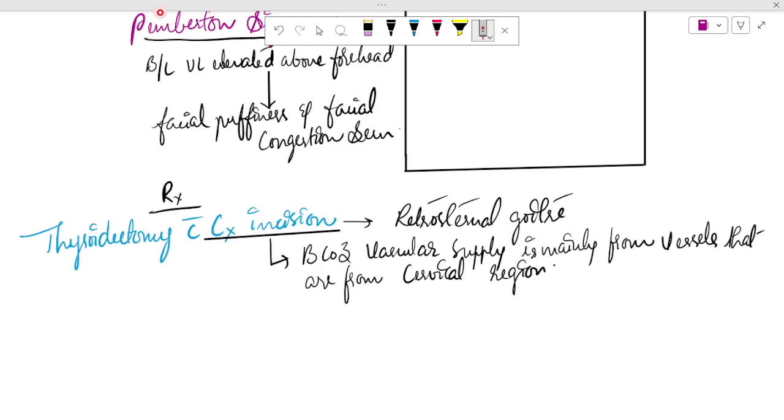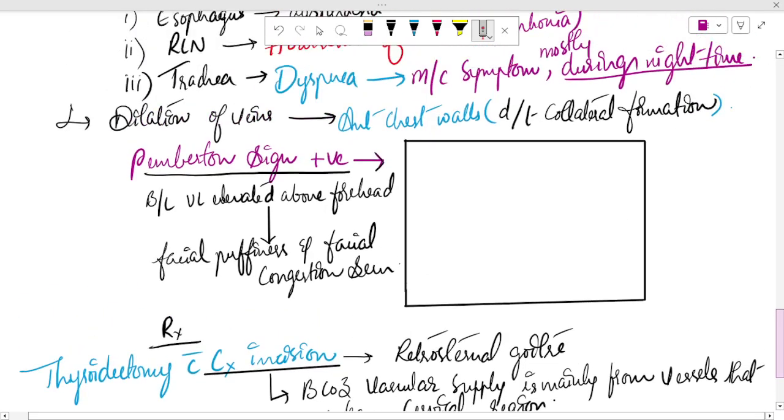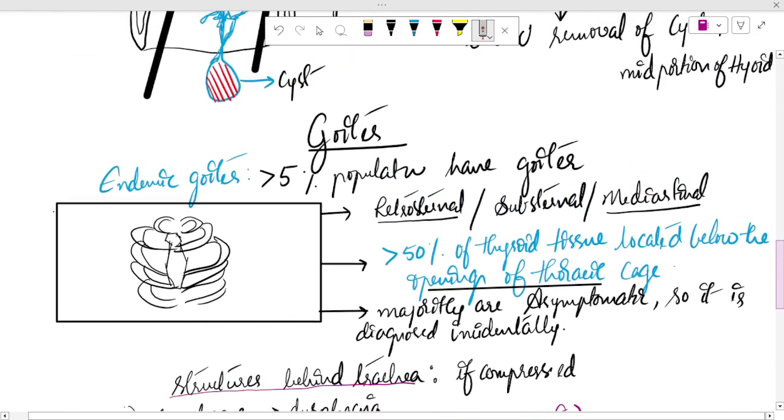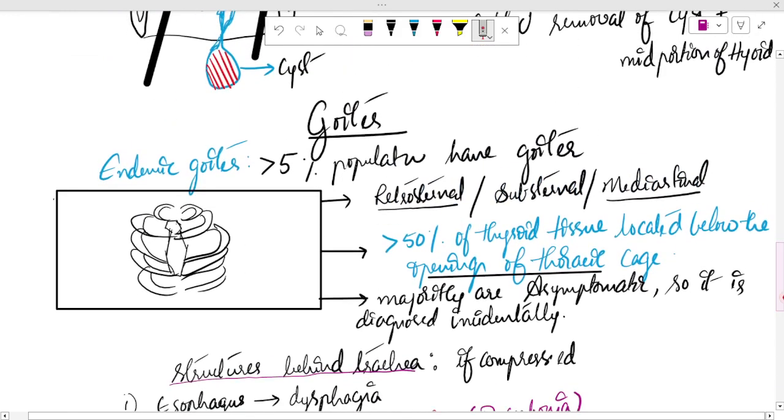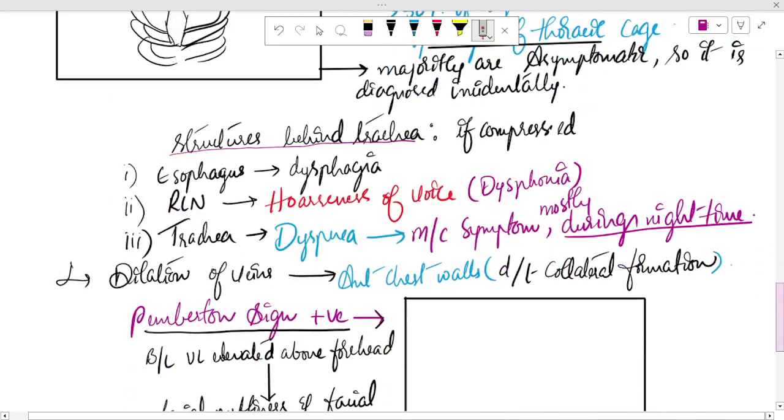If the patient presents with a retrosternal goiter, we already discussed what is meant by retrosternal goiter: 50% of the thyroid tissue present below the opening of the thoracic cage, or you can also say rib cage.